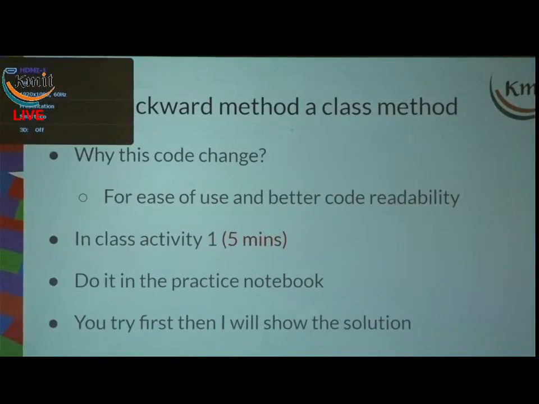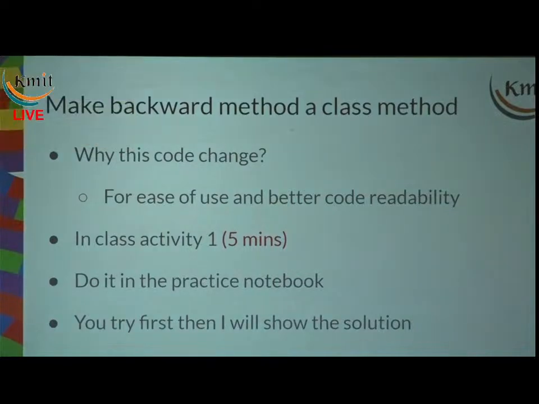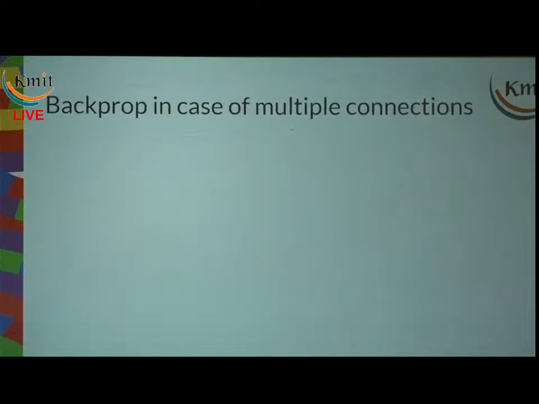So this is what we completed, that is just adding a backward method, removing our code from the cells and adding it to the class. Now, as I told you, multiple connections are important. So far whatever we dealt with had neurons and a single connection. Meaning we saw A, B, then C. A has a single connection with C, B also has a single connection with C. But what if there are multiple connections?